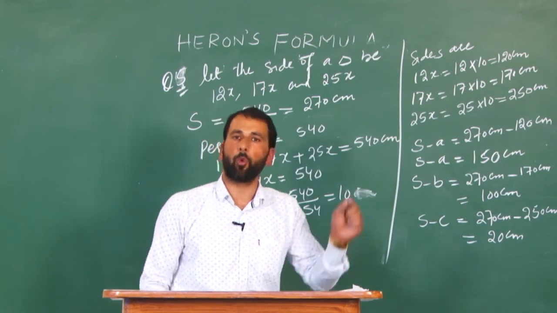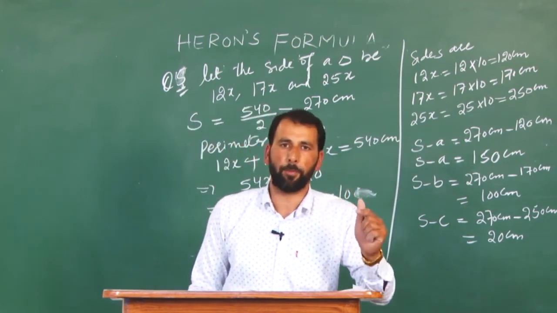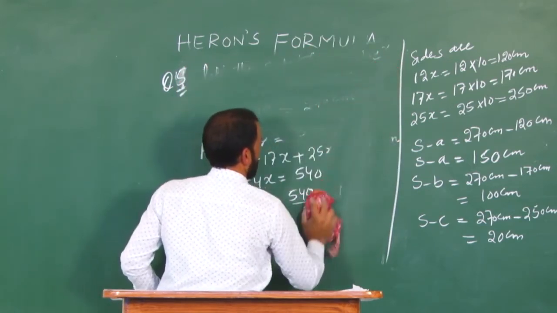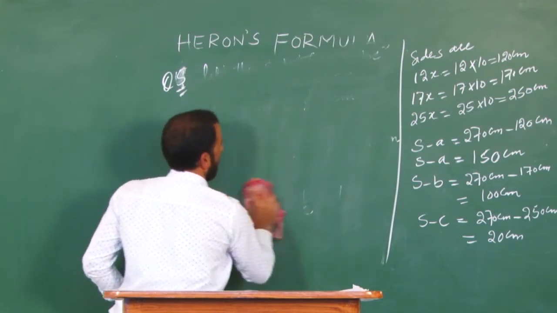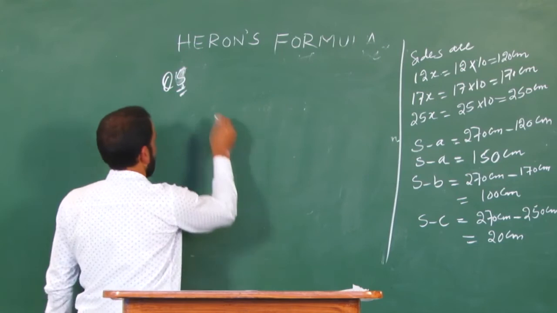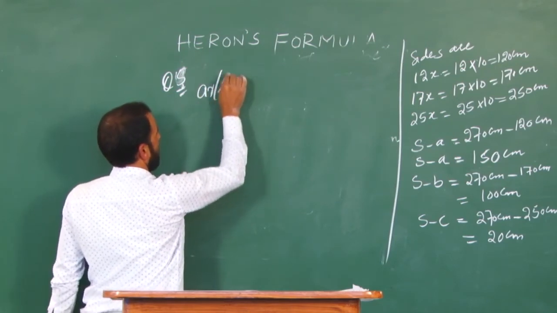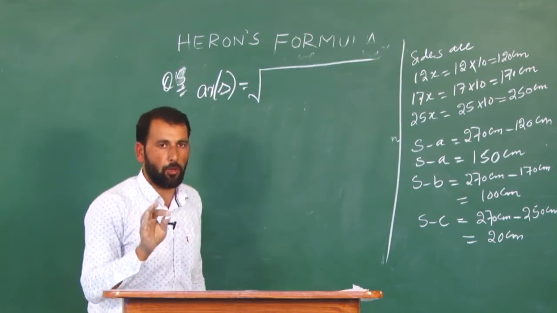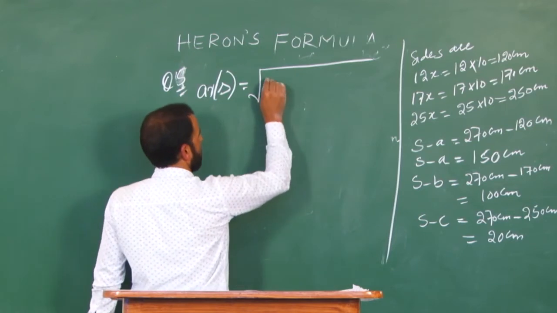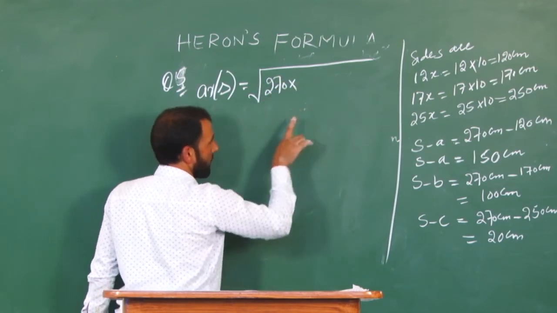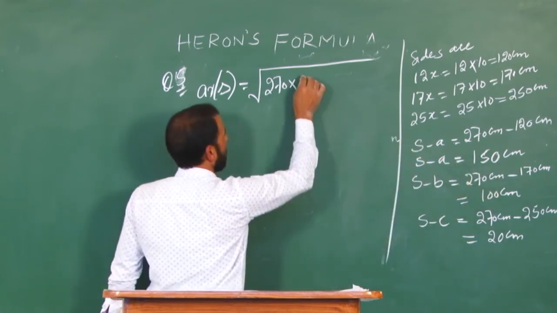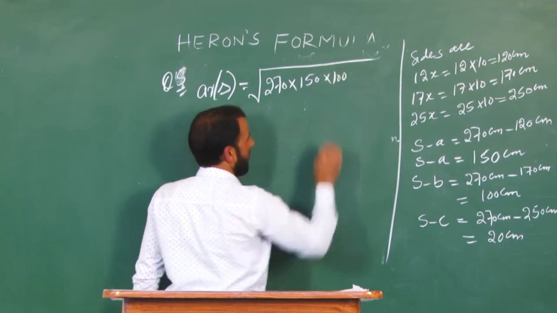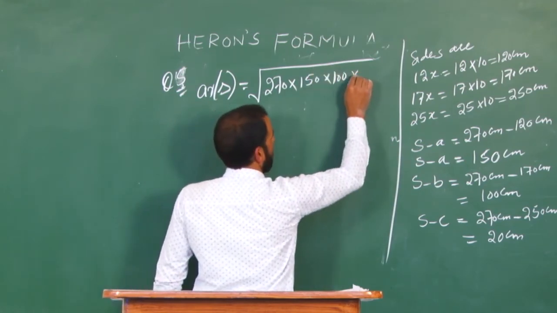The formula is the square root of S into S minus A, S minus B and S minus C. So the area of this triangle is equal to the square root of S into S minus A into S minus B into S minus C. The value of S is 270, S minus A is 150, S minus B is 100 centimeter and S minus C is 20 centimeter.